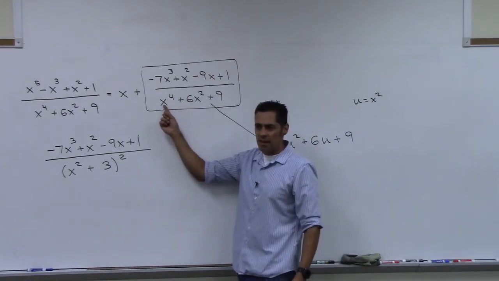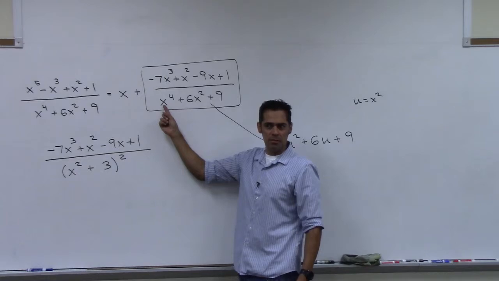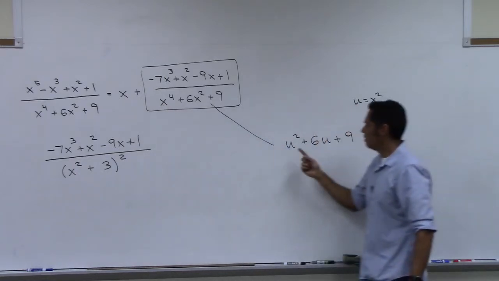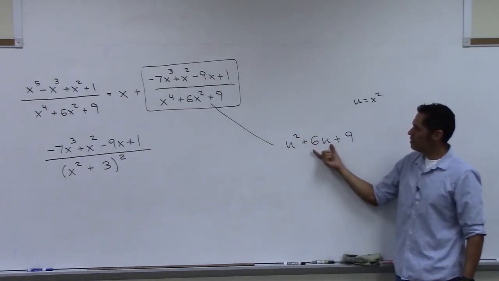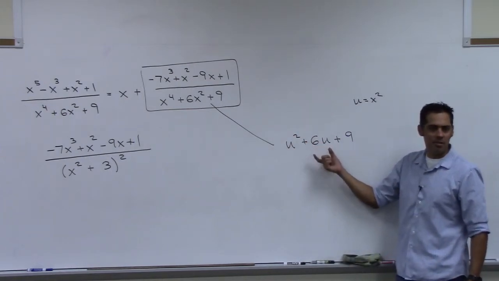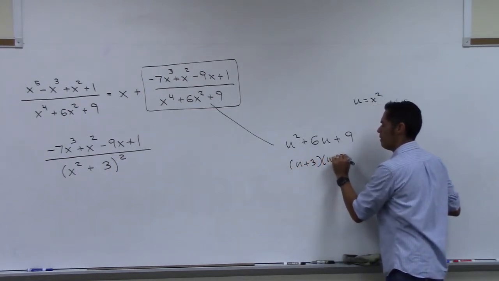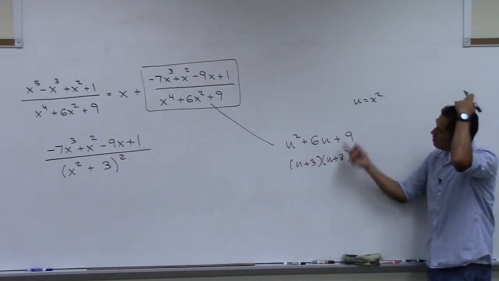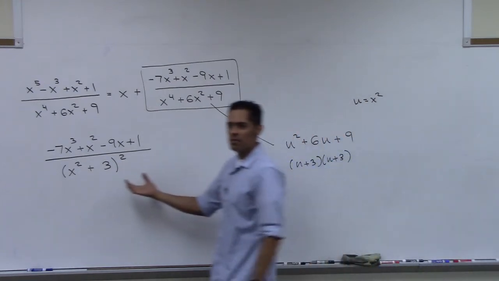So this is actually x squared squared, and this substitution should turn into this. And then this is u plus 3 times u plus 3. And then u is actually x squared, so this is x squared plus 3 times x squared plus 3. So that's x squared plus 3 squared.